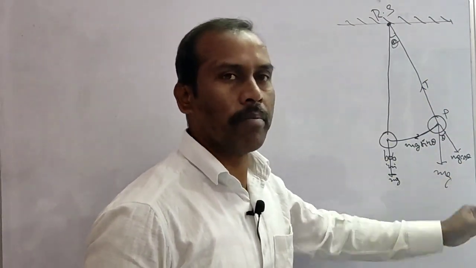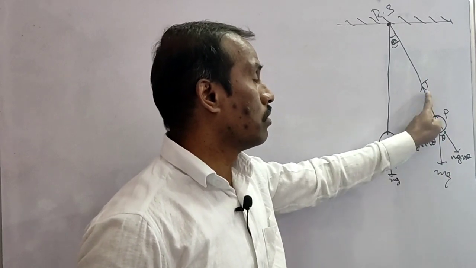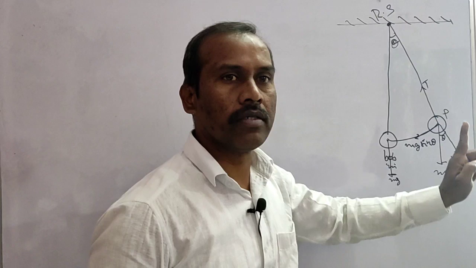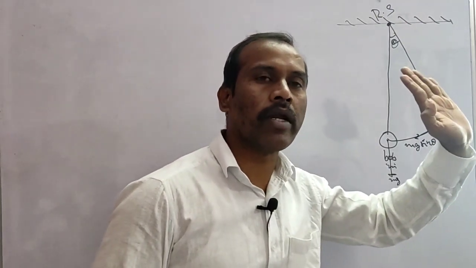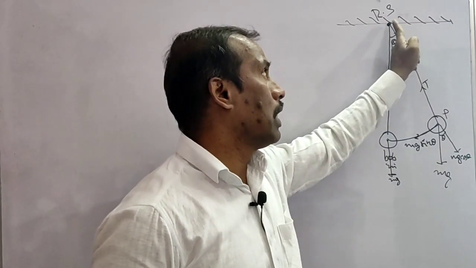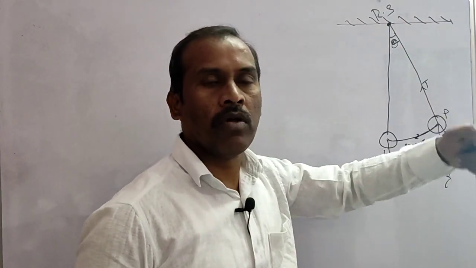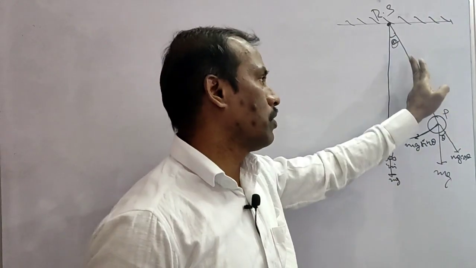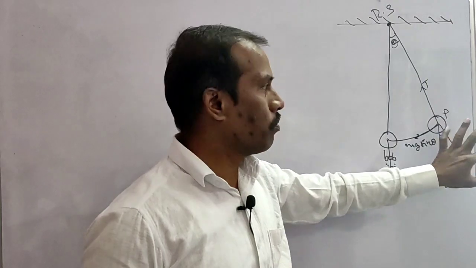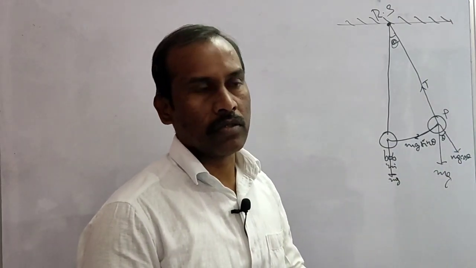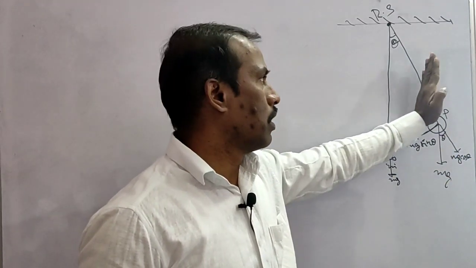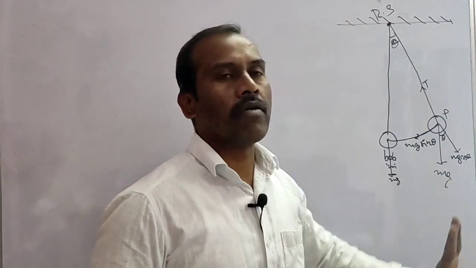The tension acts towards the point of suspension. అంటే ఈ తీగలో ఉన్న తన్యత ఏ బిందువు నుండి మనం వేలాడదీశామో ఆ బిందువు వైపు మాత్రమే పనిచేస్తుంది. It is opposite in direction to mg cos theta, so both are equal and balanced.